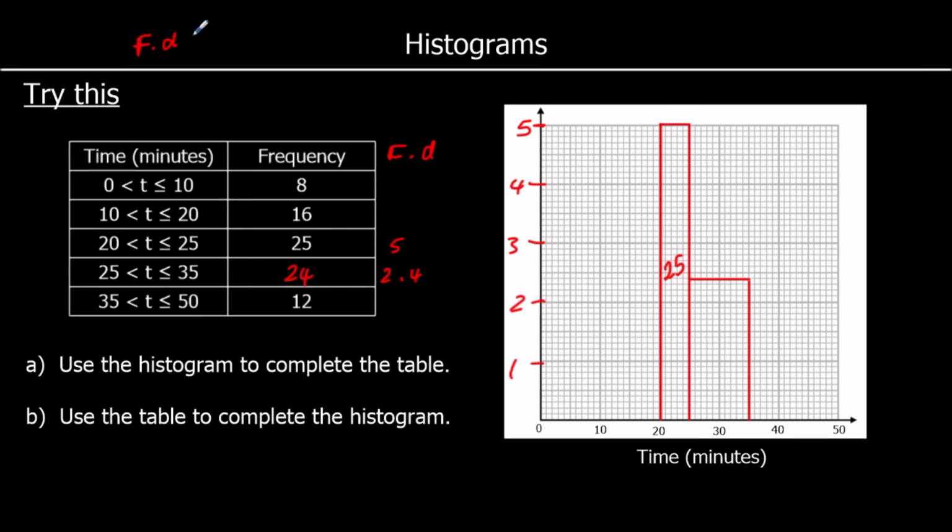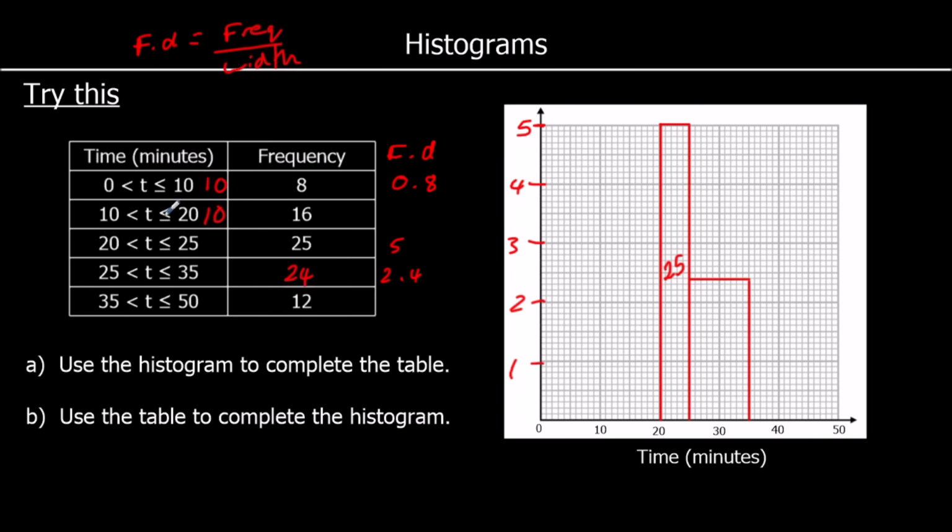So frequency density, that's the height of the bar, and it's the frequency divided by the width of the bar. So the 0 to 10 group is 10 wide. The difference between 0 and 10 is 10. So 8 divided by 10 is 0.8.